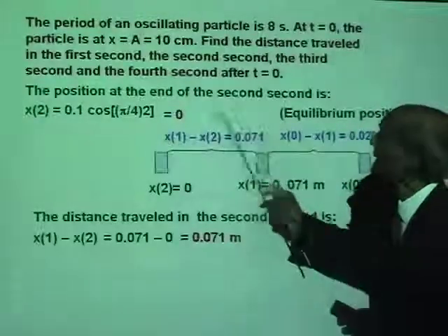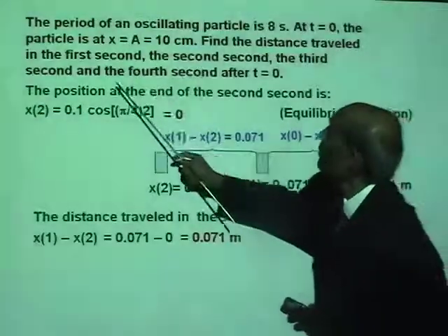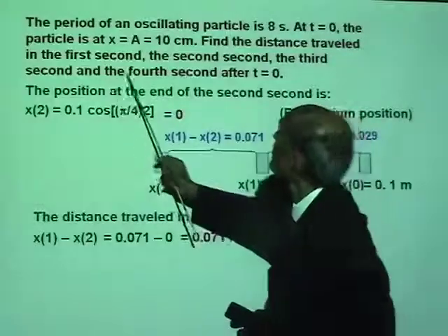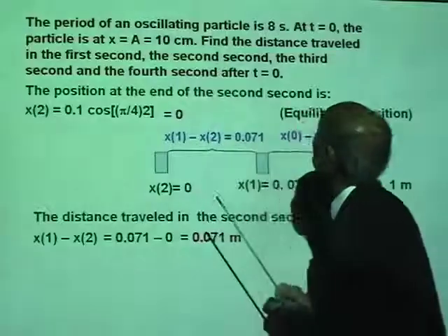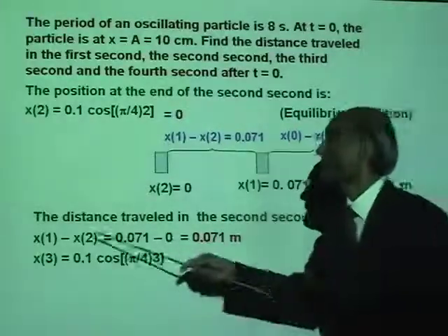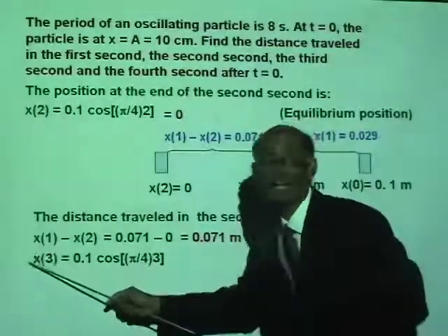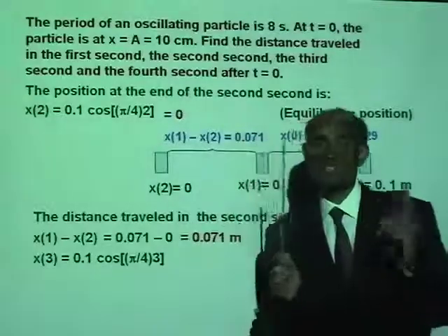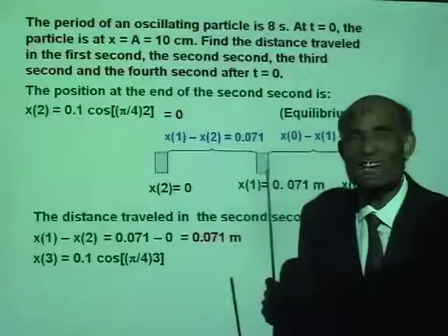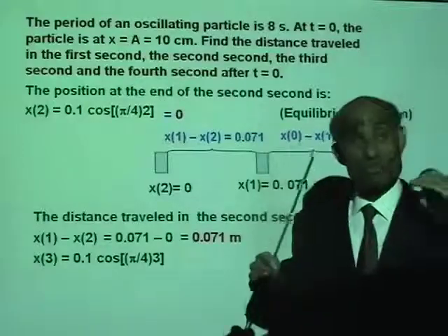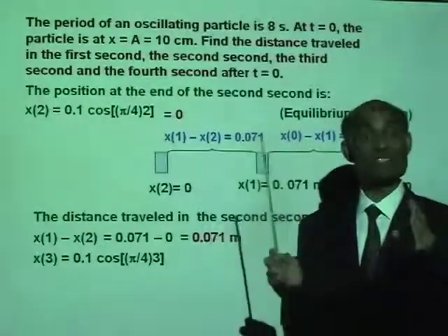Alright? Next we need to find the distance traveled in the third second and the fourth second. Now you must distinguish between distance traveled in the third second and position at the end of the third second.